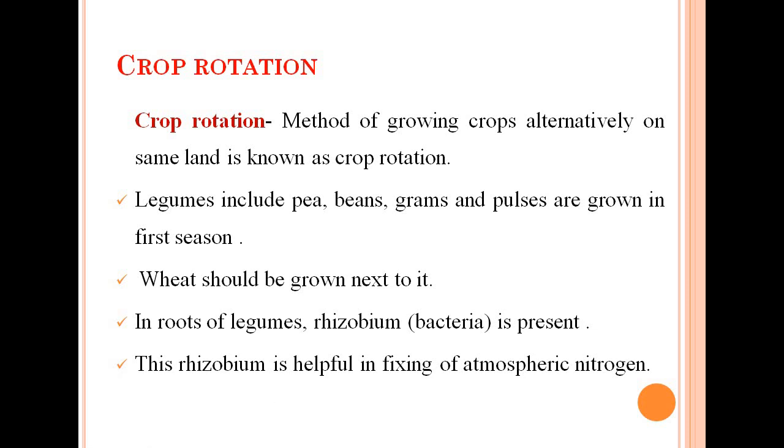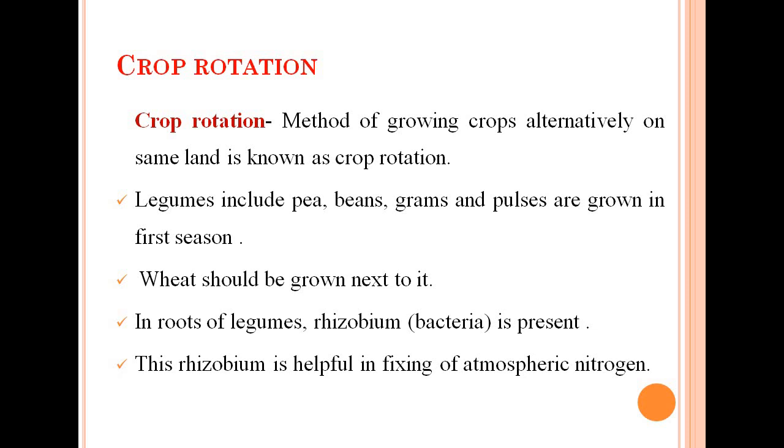So leguminous plants have a special kind of bacteria in their roots. We know that in the roots of legumes, rhizobium bacteria are present. These bacteria help in restoring the nitrogen content of the soil, and this is done by a process called nitrogen fixation. We will study nitrogen fixation in detail later.